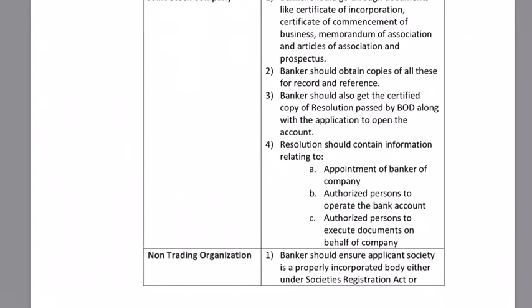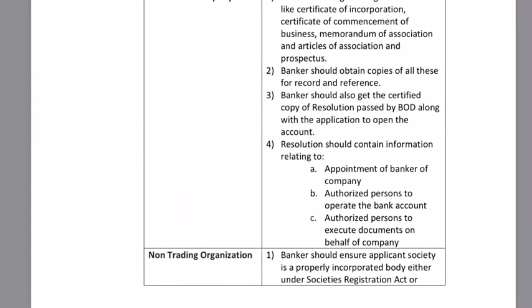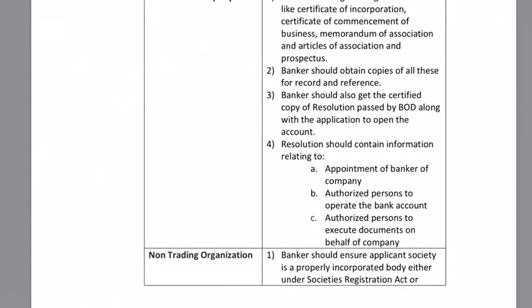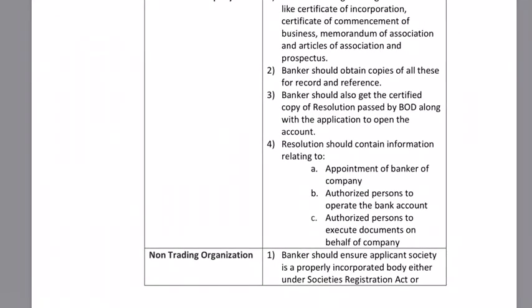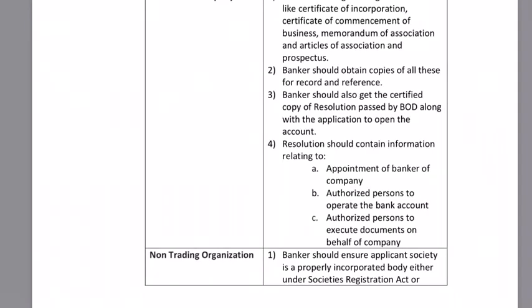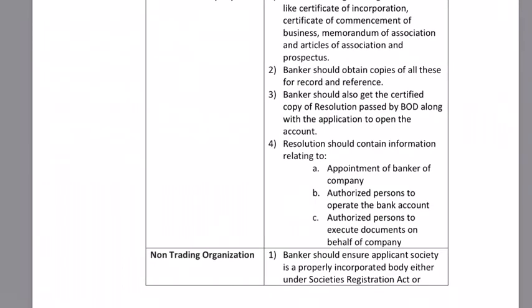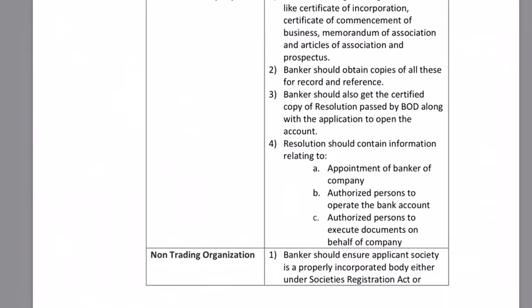So generally, a resolution is passed by the board of directors that they would like to open an account at this bank for whatever purpose. Now, the resolution will contain information about appointment of the banker of the company, authorized persons who will operate the account, and authorized persons to execute documents on behalf of the company.